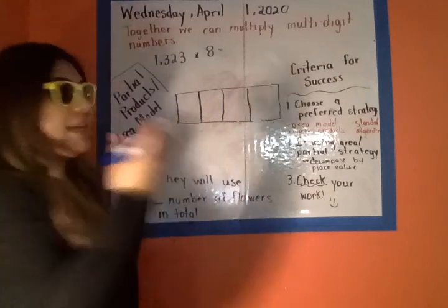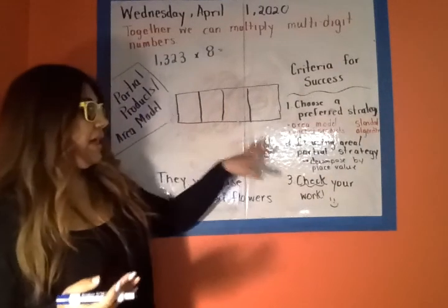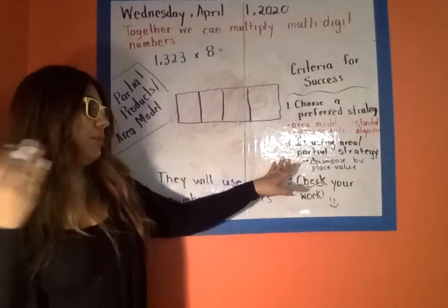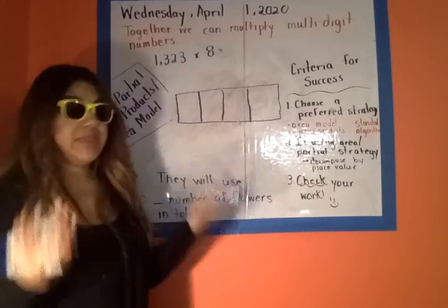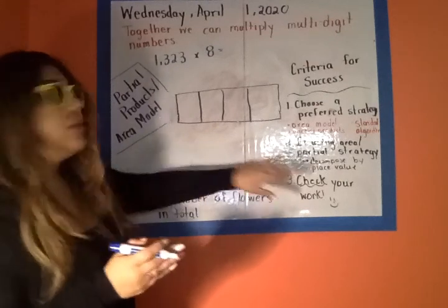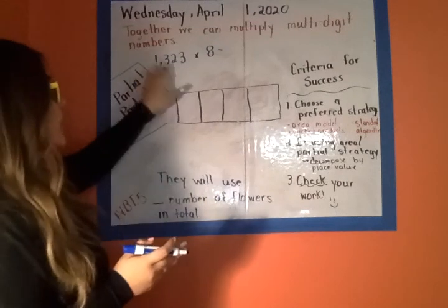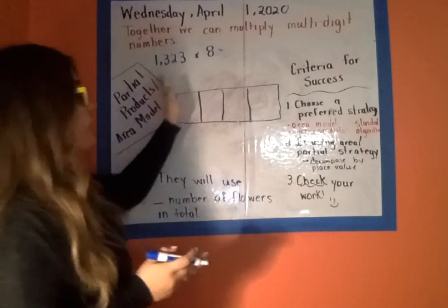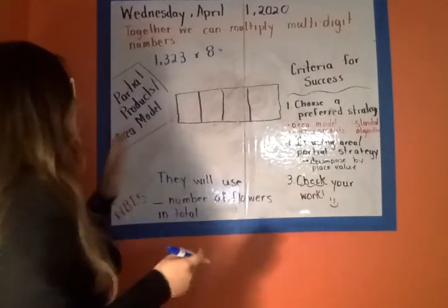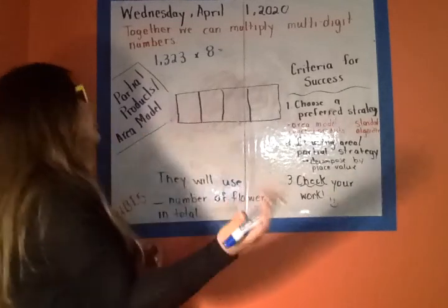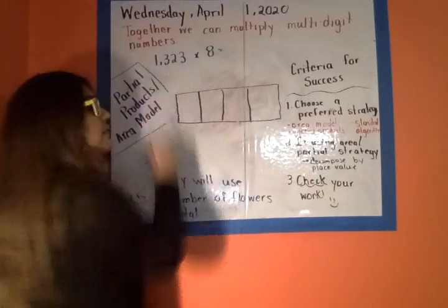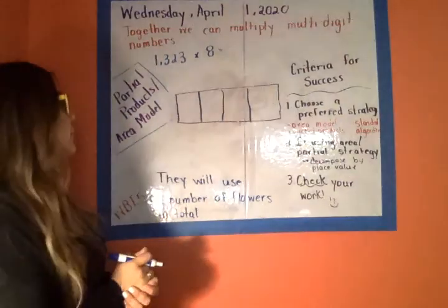Alrighty. Now we are at the point where I'm choosing the area model or the partial product strategy, right? And so what this means is now I'm going to decompose by place value. So I'm obtaining the value of each digit and I'm rewriting them, right? It's kind of like expanding your number, all right? So let's do this. I'm going to ask myself, what is the value of 1?